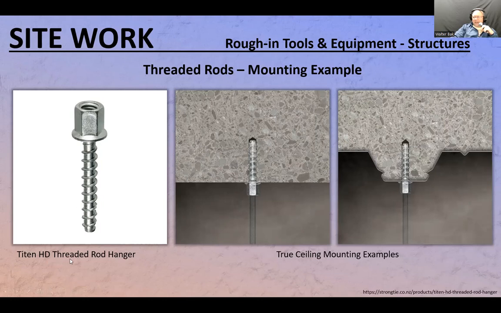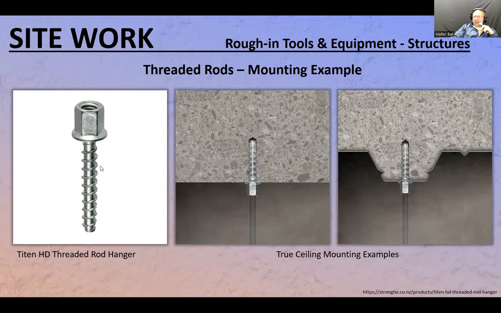Well, this thing is called a threaded rod hanger, and that's what it looks like. It has a screw-like tip here, the body, and then it has a socket space to grab things on, and it has a thread inside that you can mount a threaded rod in.